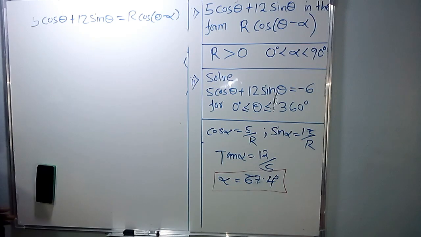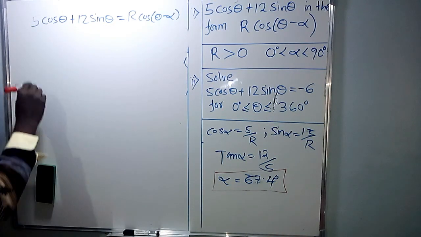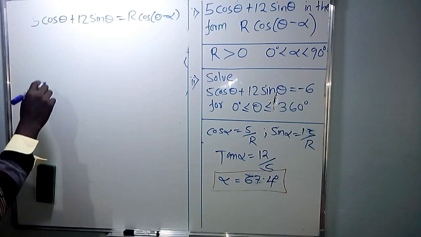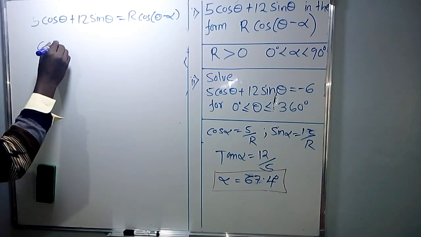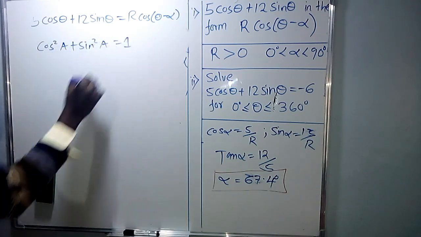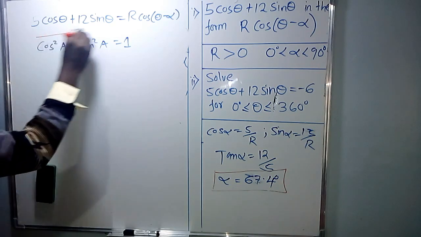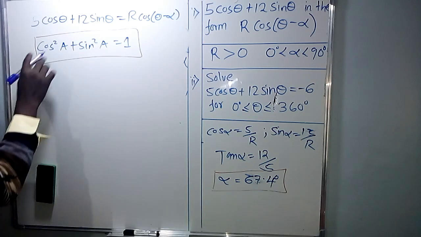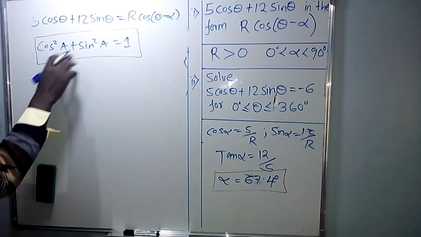How do we get the r? Now for you to get the r, we use the Pythagorean identity. So remember from the Pythagorean identity, we said cos squared A plus sine squared A is 1. That was the first Pythagorean identity, isn't it? Now in our case, we have alpha. We don't have A because it is alpha which is relating with r, isn't it?